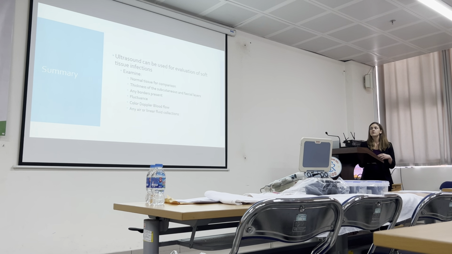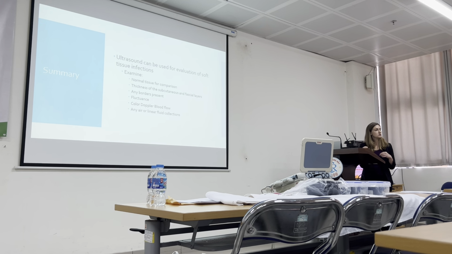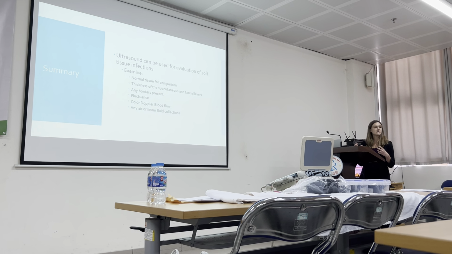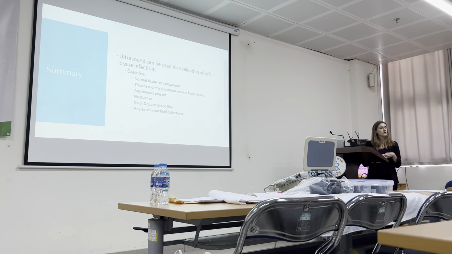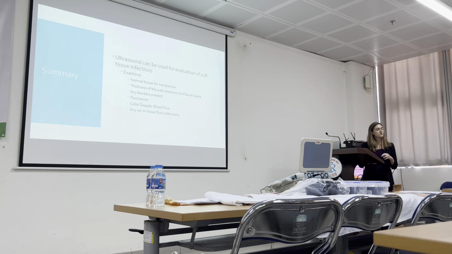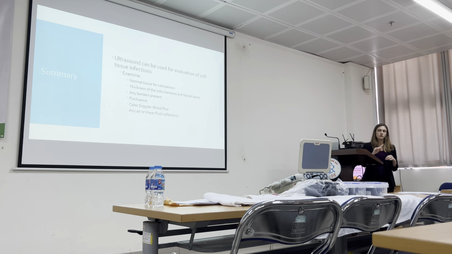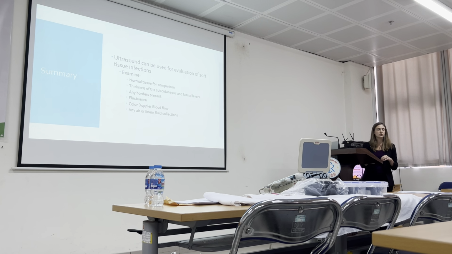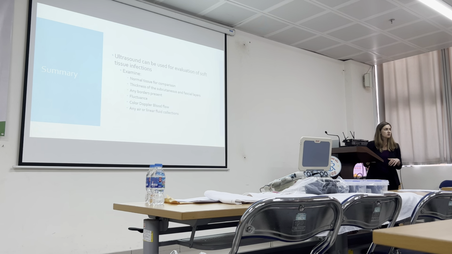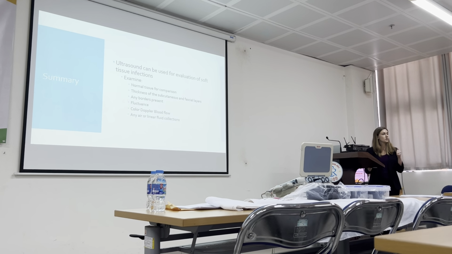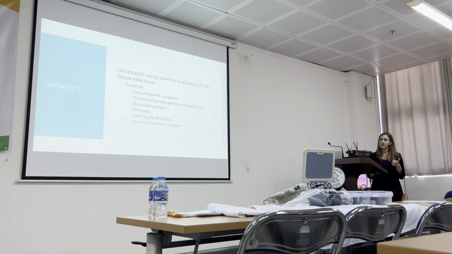Look at the thickness of your epidermal and dermal layers, and then look at the subcutaneous tissue. You're looking to see for that cobblestoning or any layering of fluid, and then look at the fascial layers and look to see if you're having the layering of fluid or if you have any concerns for air with those bright white lights. And then if you have an abscess, go in the order of looking to see how your borders look. Are they regular or irregular?